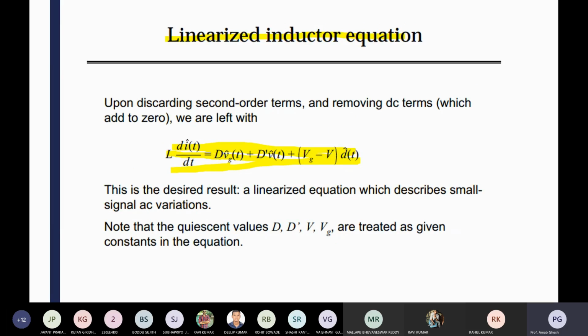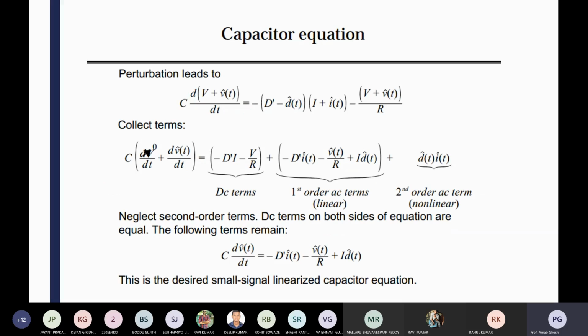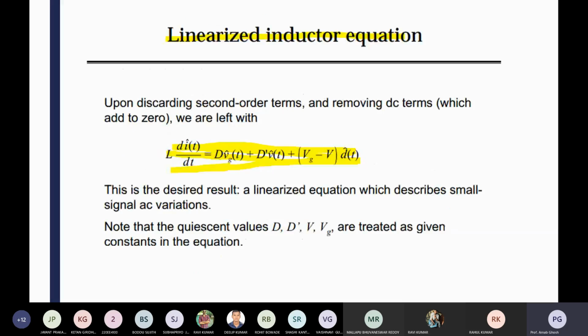Okay, so upon discarding the second order term and removing the DC terms which add to 0, what is left is the linearized equation, which describes the small signal AC variations. That's why it is called small signal analysis.